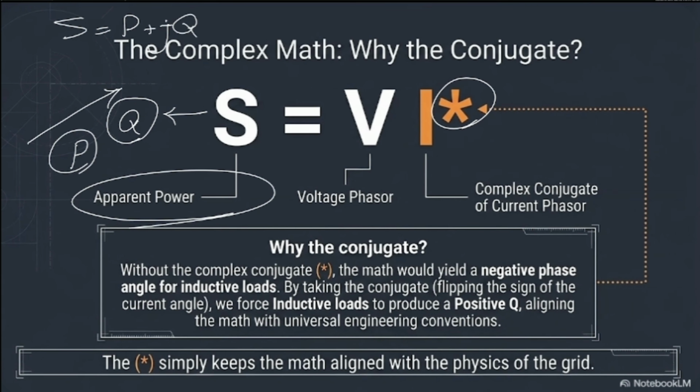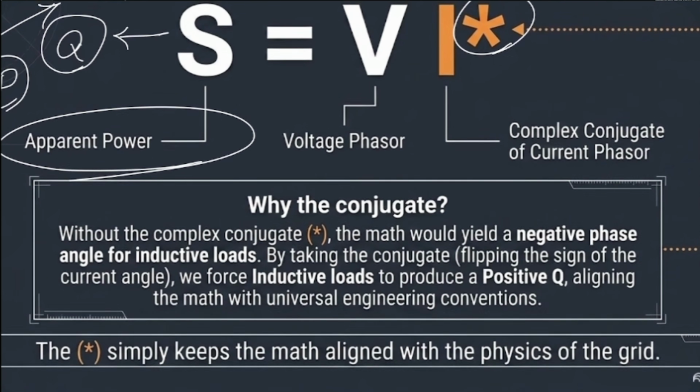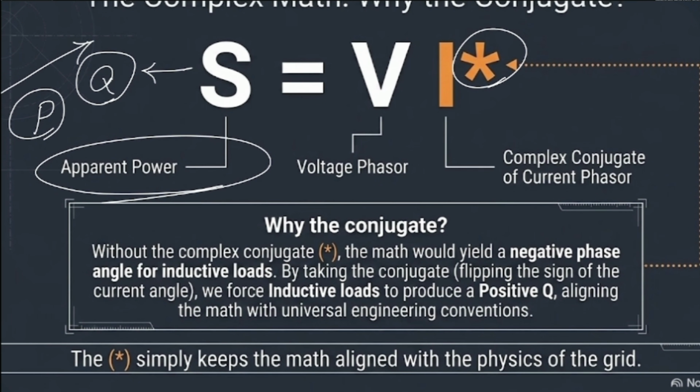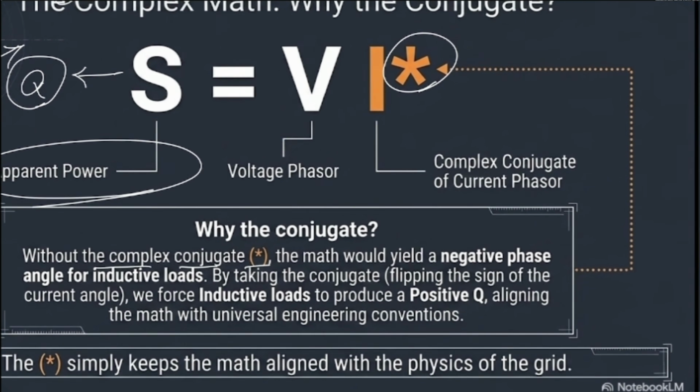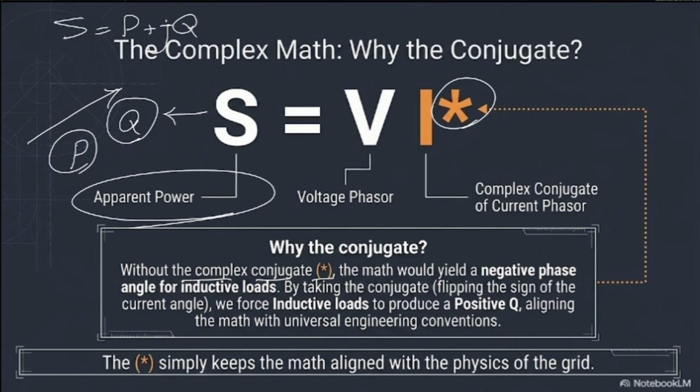But we do have this star sign that we call the conjugate. Why do we say I conjugate? It means that the angle of I, instead of being its own value, is going to be multiplied by -1. It means that if you have positive 30, this conjugate is going to make it negative 30.